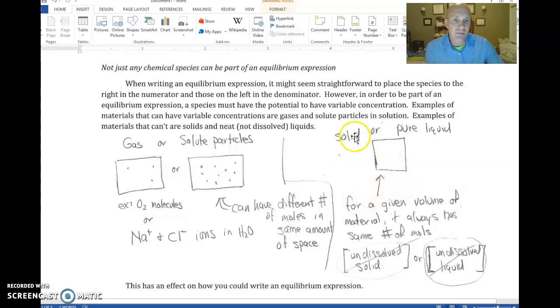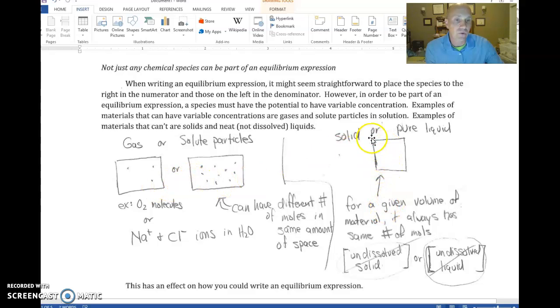For a given volume of that solid, say the exact volume of that sugar cube, that sugar cube is always going to have the same number of moles of sugar. It's not like I have two apparently identical sugar cubes and one of them has twice as many molecules as the other. If they're the same size, they're going to have the same number of moles of sugar in them. It's not like the situation here where the same volume can have different amounts.